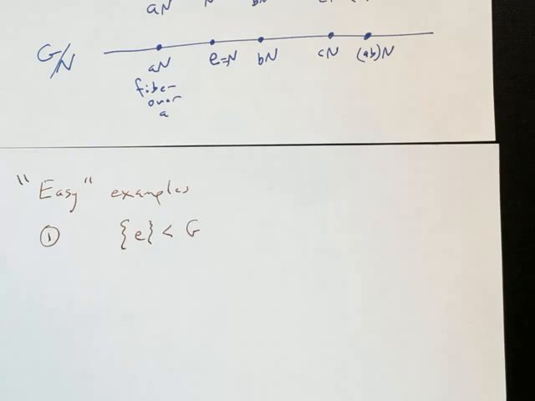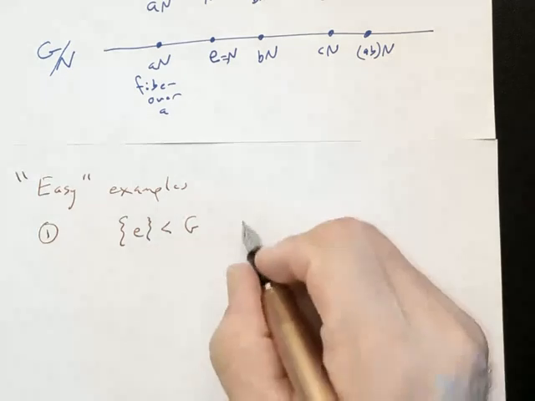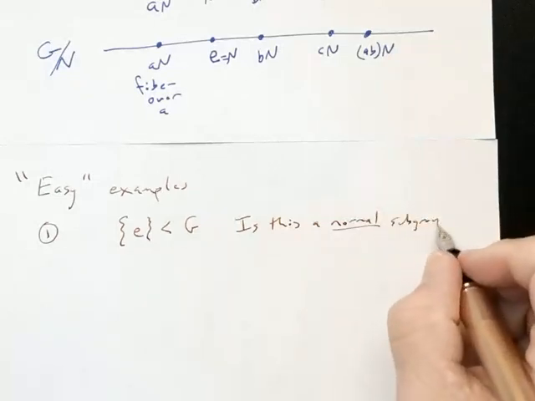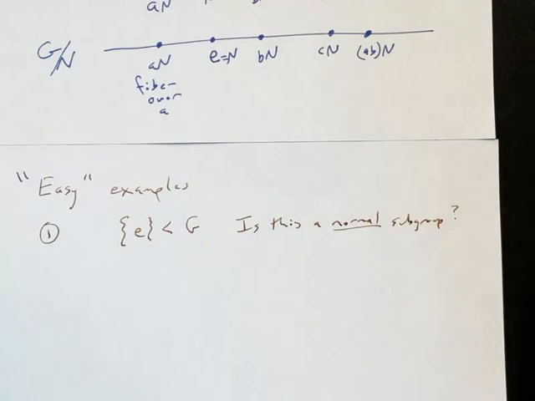Is it a normal subgroup? How do I know? Because E times anything on either side is still going to be whatever element you multiply by.